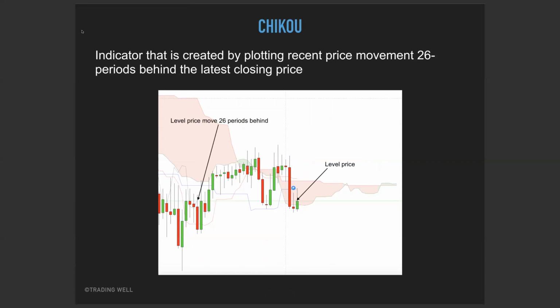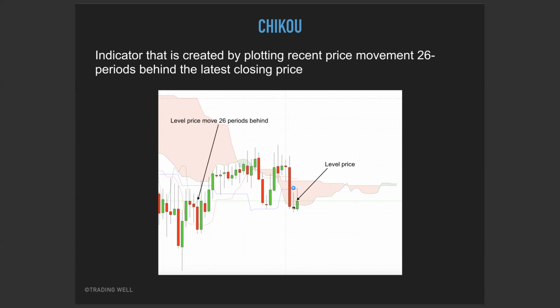The Kiku. Kiku is an indicator created by plotting the recent actual closing price, moved 26 periods behind. So the actual price is the same in the Kiku.